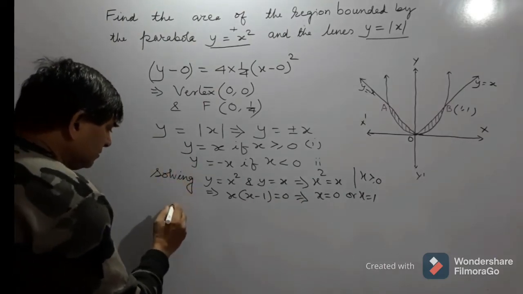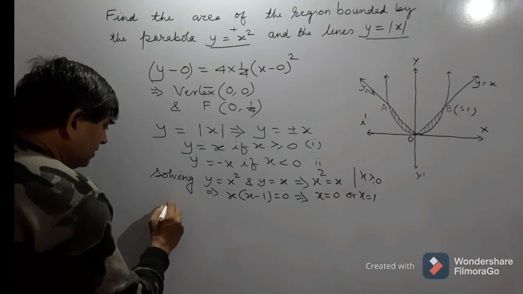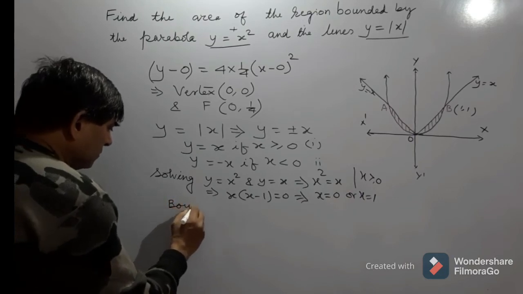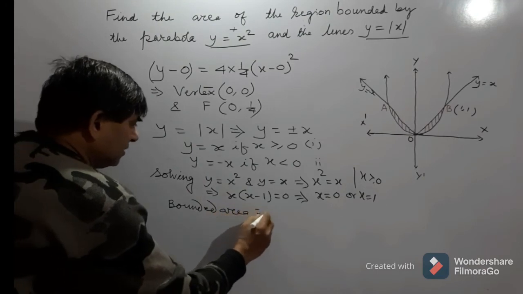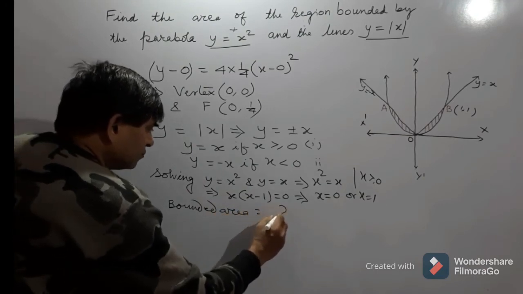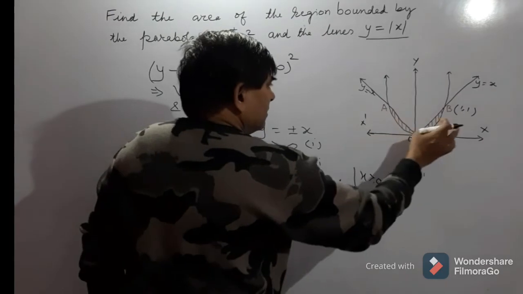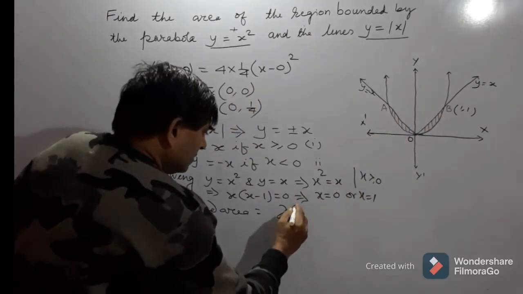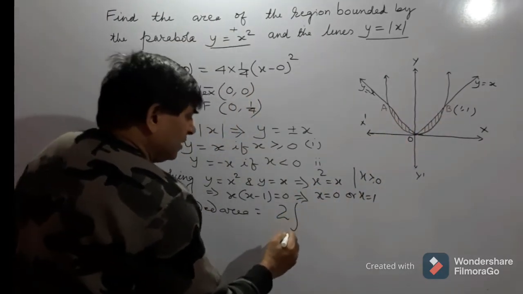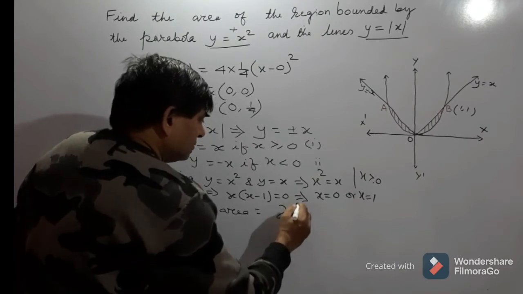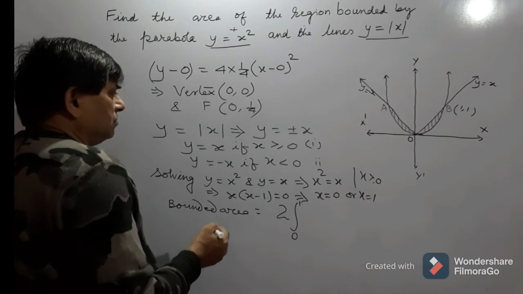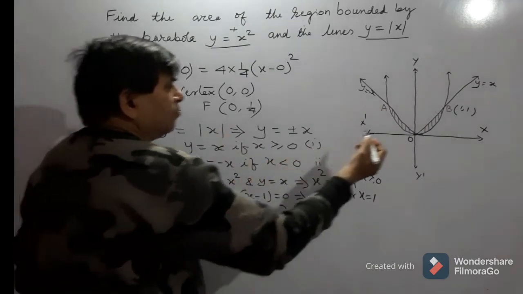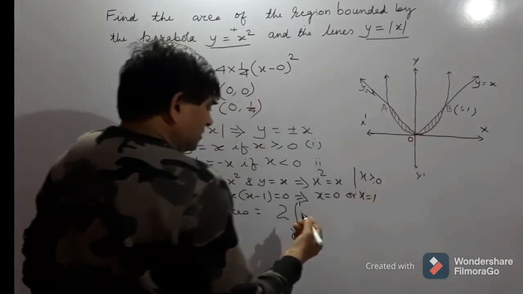So bounded area, we can take twice of, twice means this and this double, definite integral 0 to 1, and this upper is y is equal to x.